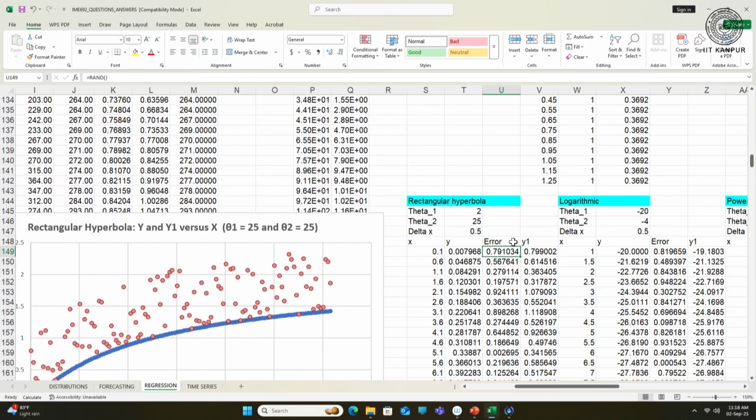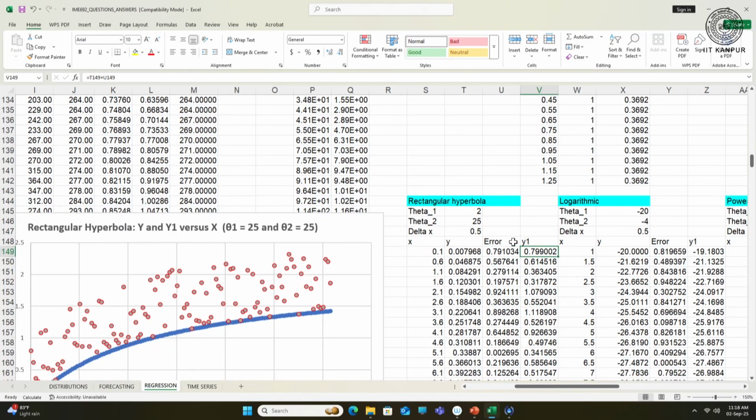For a very simple case, what we are doing is generating a random number between 0 and 1 or -1 to +1, such that the average value in the long run would be 0 and variability would be considered accordingly. So, we take the error and then add that value to the T column, which is the actual best fit line, with the error and get the y1 value which is given in column number V.